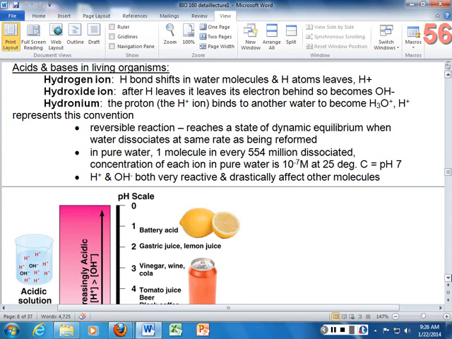In pure water, what it means is that you're going to have one molecule in every 554 million dissociated. So we make that into an exponent in there, and so it becomes 1 into the negative 7th molarity of it is dissociated.